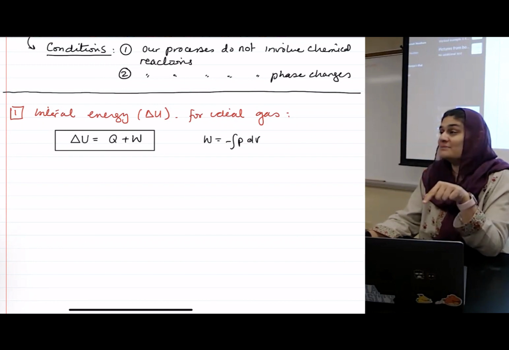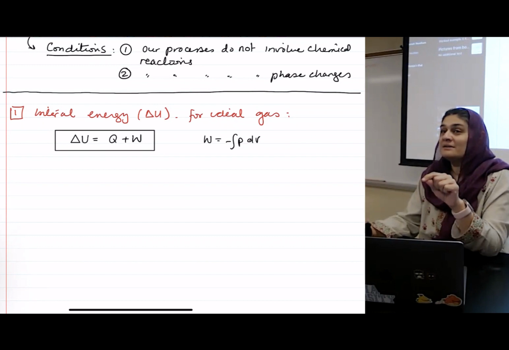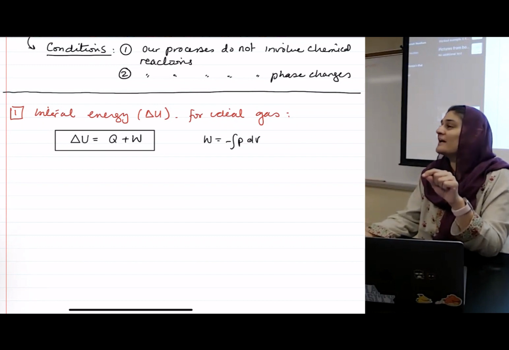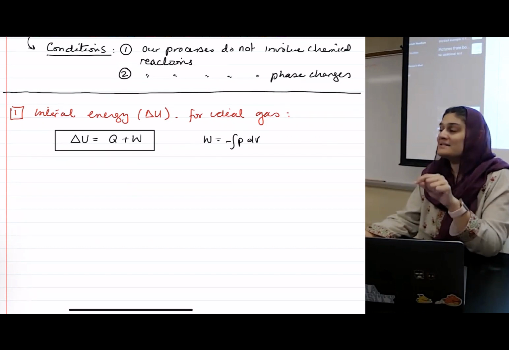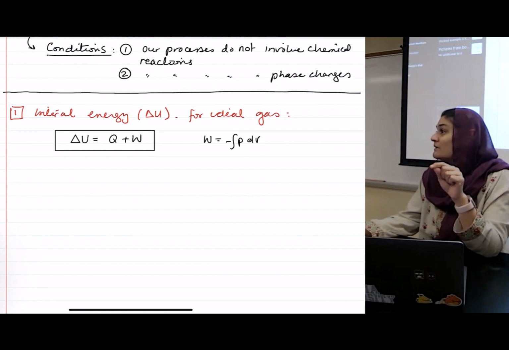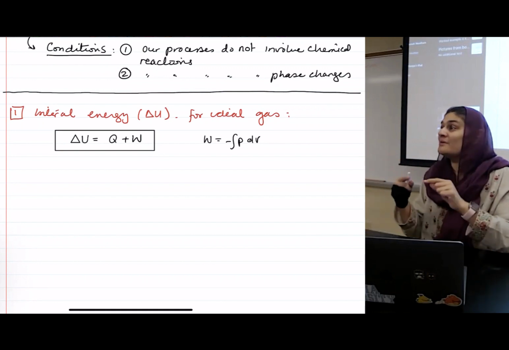Heat out of the system is negative. Okay, work done on the system, what do we call that work? That's work that's being done to the system. On the system is, what do we call it? Compression. Somebody said that. Who said that? Good job. Compression. Work done by the system is positive or negative? Good. We have to remember that, right?